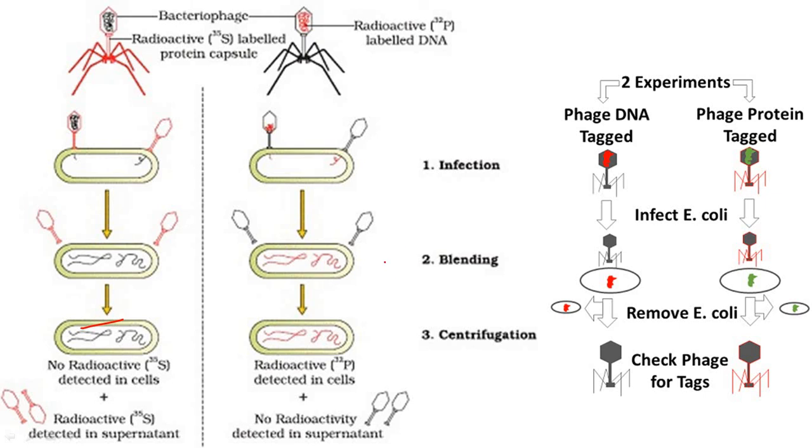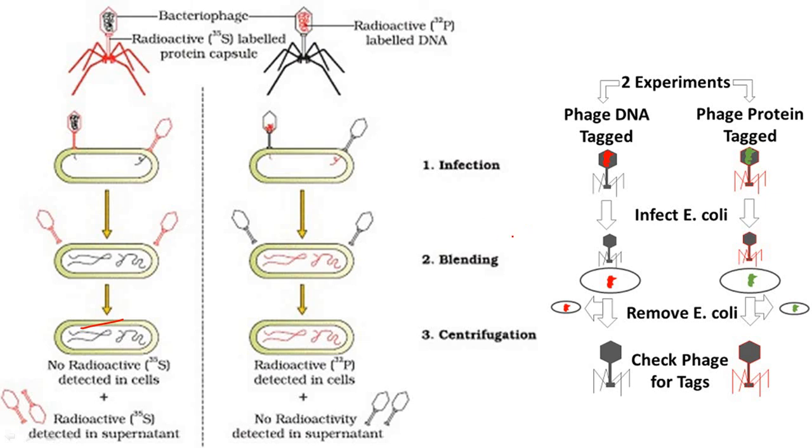And in the second experiment, where 35S labeled T2 phage was used to infect the bacteria, the supernatant was found to be highly radioactive and the pellet had low radioactivity. The explanation is that, according to Hershey and Chase, the 35S labeled protein capsules of the T2 phage do not enter the bacterial cell, and these capsules are present in the supernatant.